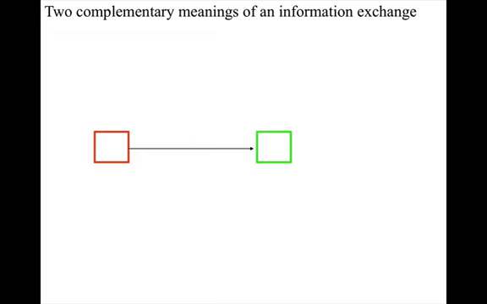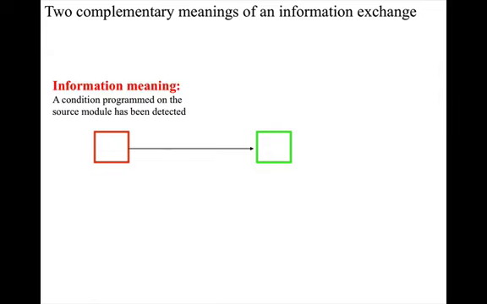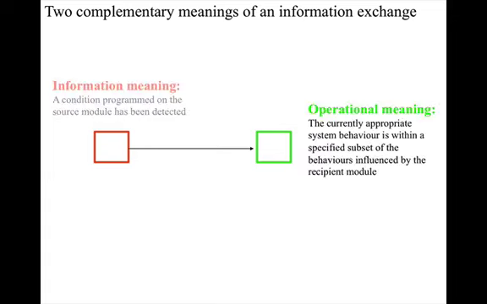So to begin to understand how a complex learning system can address this problem, we have to think a bit further about what exactly an information exchange between modules means. When information is shared between two modules, the information exchange means that some condition has been detected by, let's say, the red source module, but for the green recipient module, it also has a behavioral meaning.